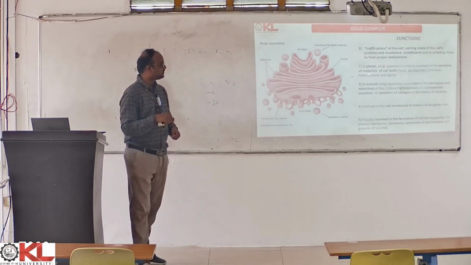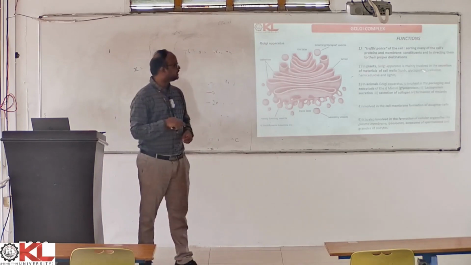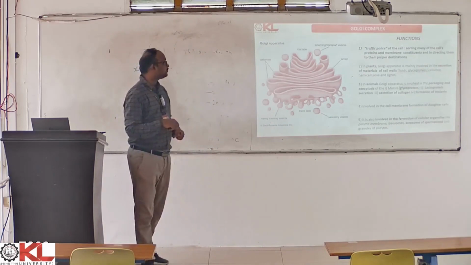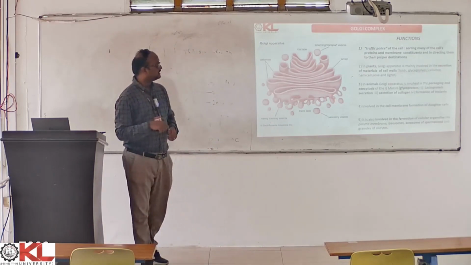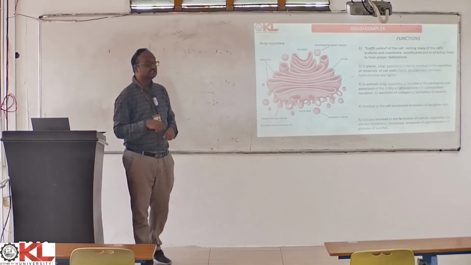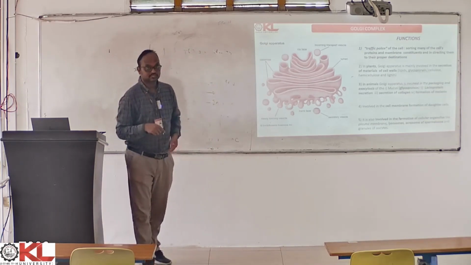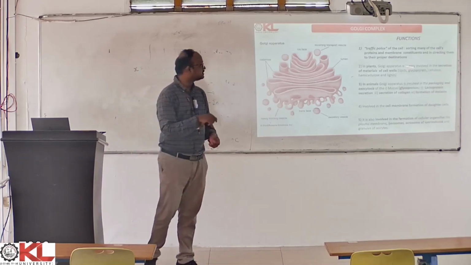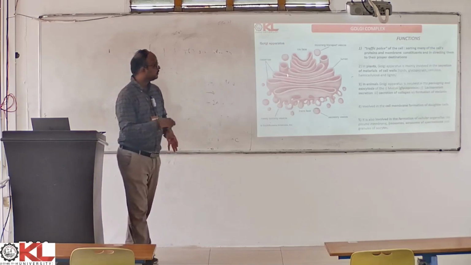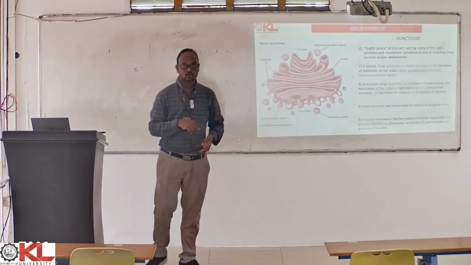So the second major function: in plants, the Golgi complex or Golgi apparatus is involved in the secretion of cell wall components like cellulose, hemicellulose, lignin, as well as lipids and glycoproteins which are present in the cell membrane. All these components are secreted and transported by the Golgi complex.